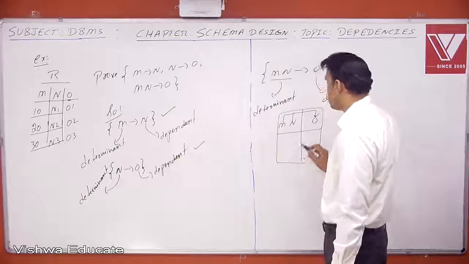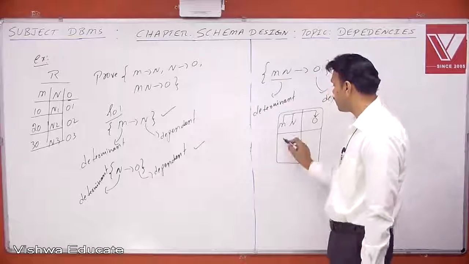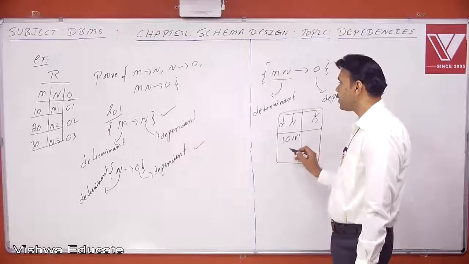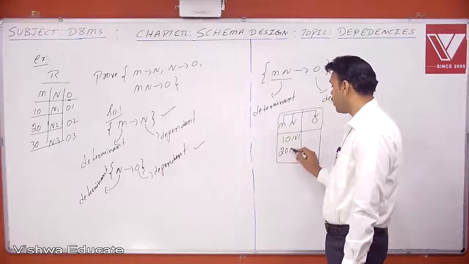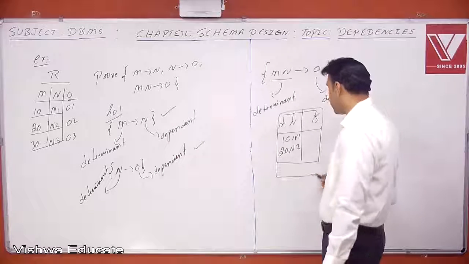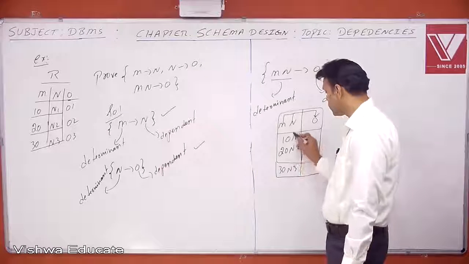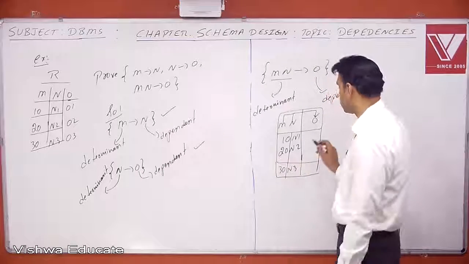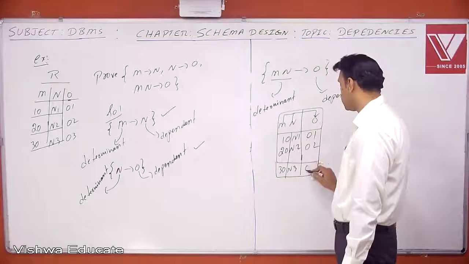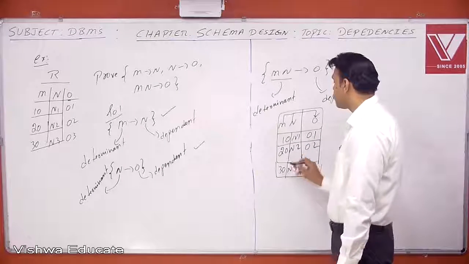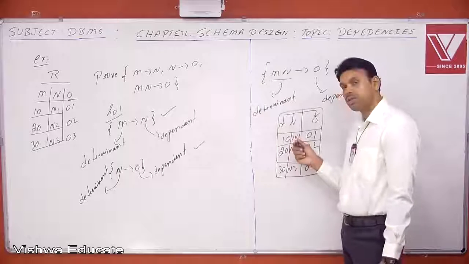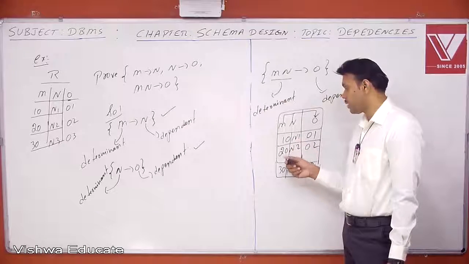Right. So you need to check carefully the combination of data of M and N. Now you tell me, MN is unique or not? Unique.